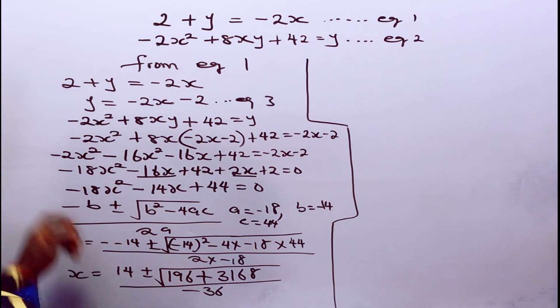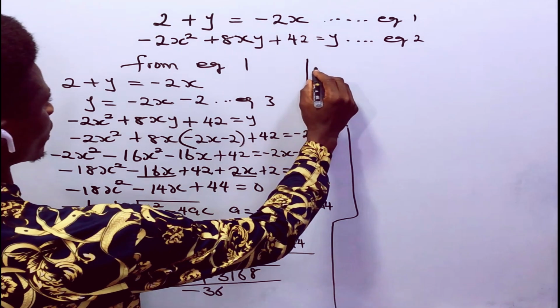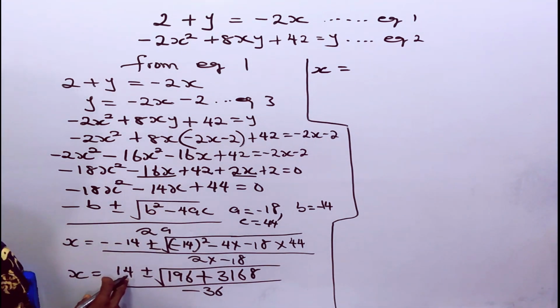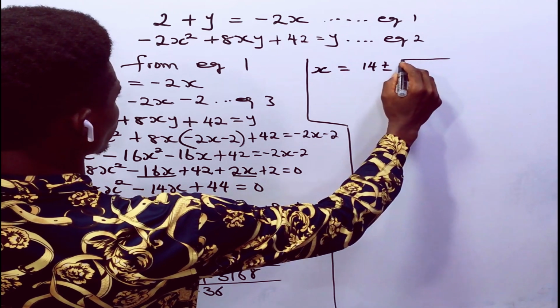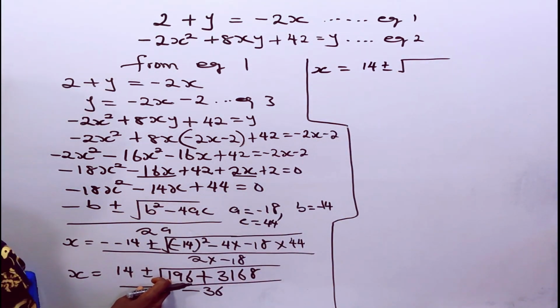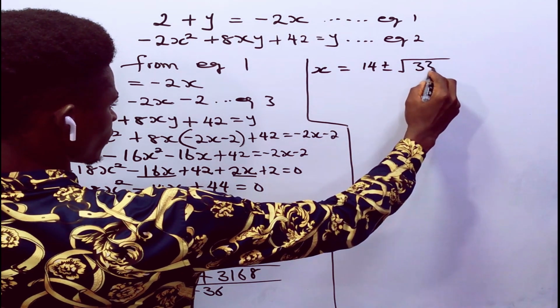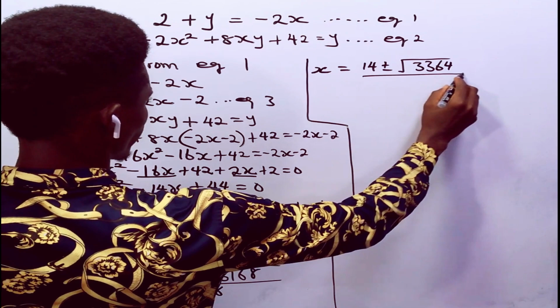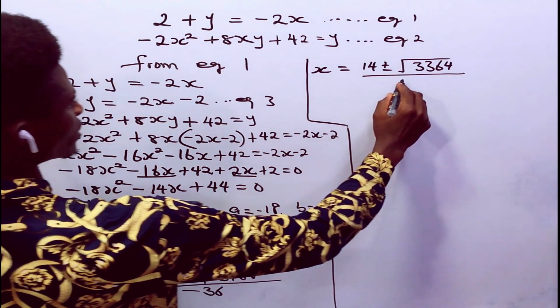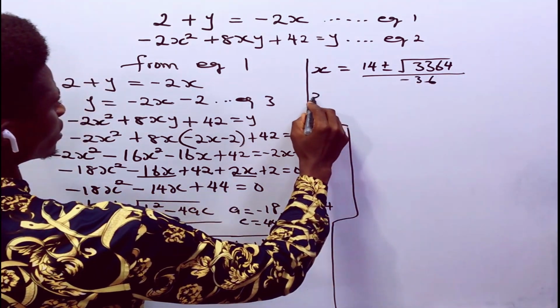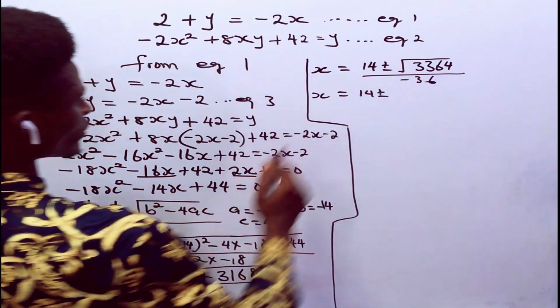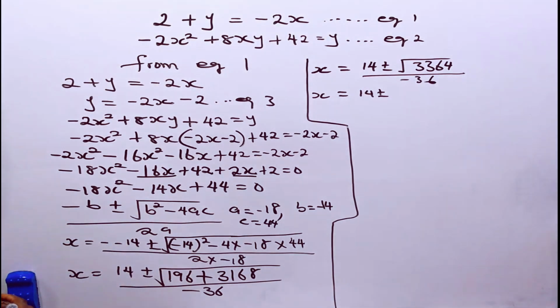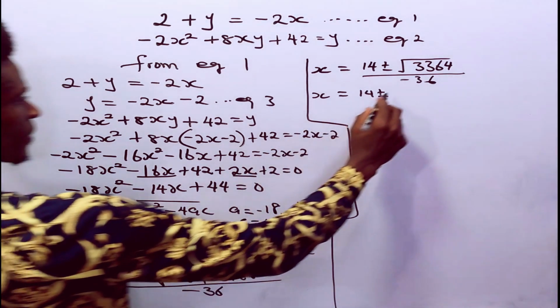Now if we simplify this further, we'll have x equal to 14 plus or minus root of 196 plus 3168, which is 3364, over negative 36, so that x will now be 14 plus or minus the square root of 3364, which is 58, over negative 36.